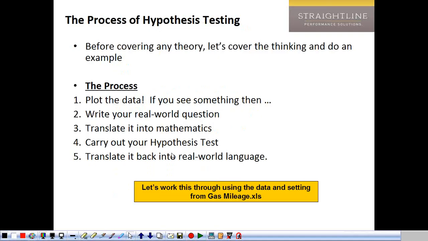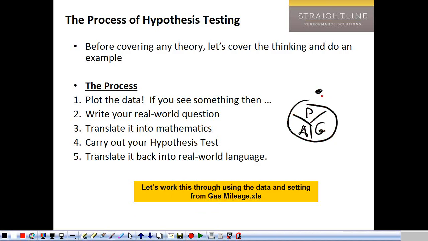Here's just a process that we can go through, but I think the PGA process makes some sense too. Again, I like plotting the data first, writing out a real-world question, translating to math, carrying out the hypothesis, translating it back. That's all very well and good, but if you remember the PGA wheel, the PGA wheel is really doing all of those things.